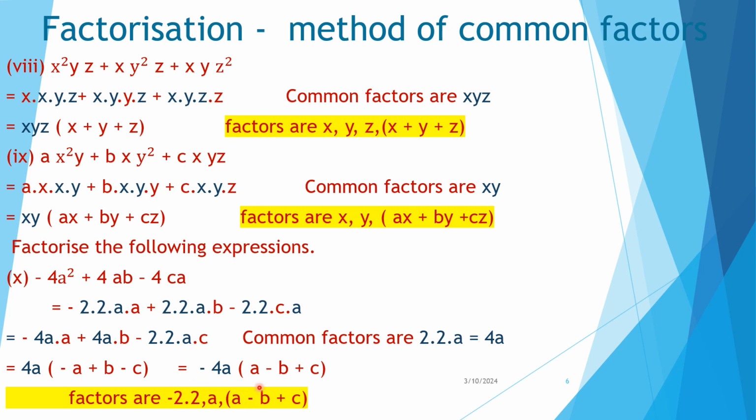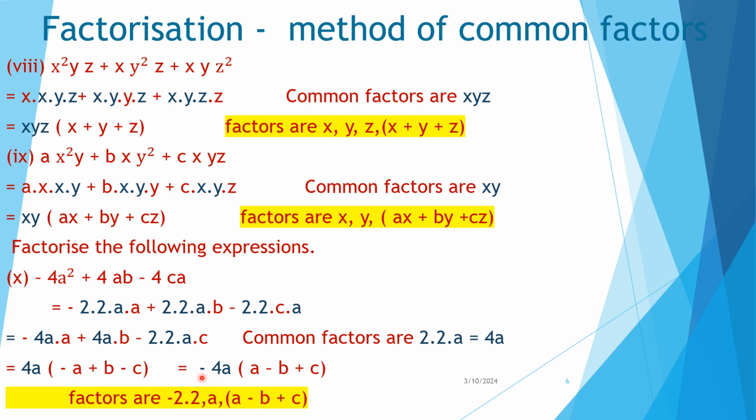Now I have done it in a separate step, though I could have done it in the previous step. I take out the negative sign common because conventionally we want the first term in the bracket as positive. Otherwise one of the terms will be negative.